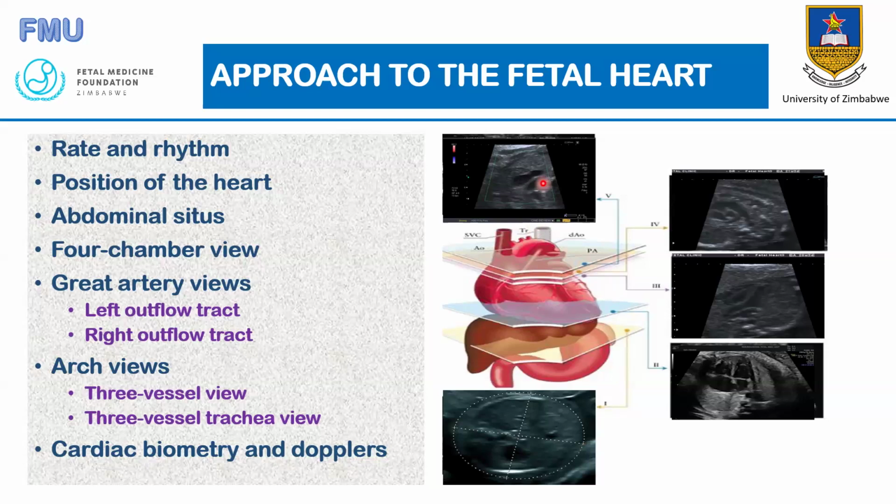It is important to understand a little bit of cardiac anatomy when you are doing the fetal heart examination. The baby's heart in utero is positioned in such a way that the four-chamber view can easily be visualized with a transverse plane.